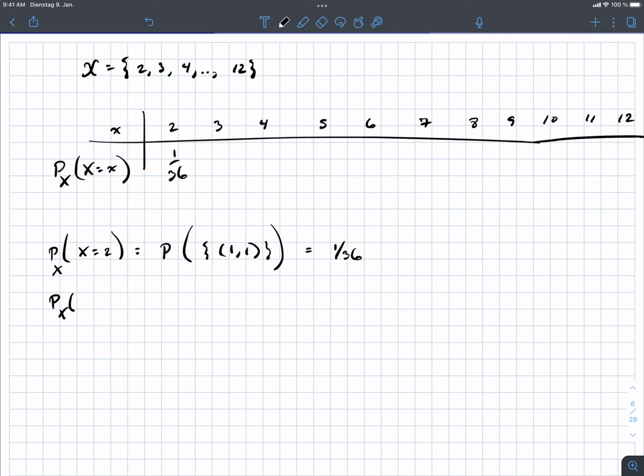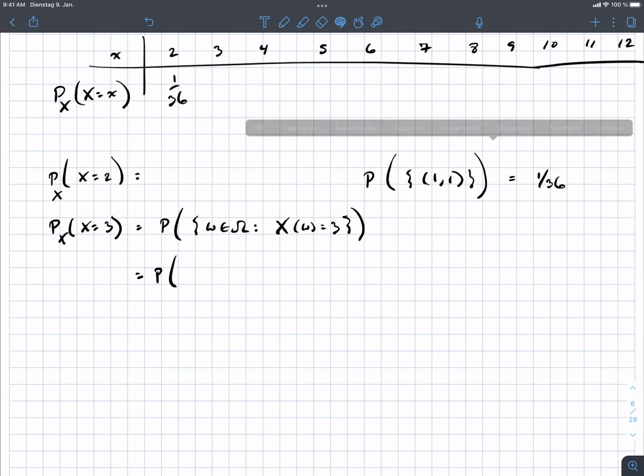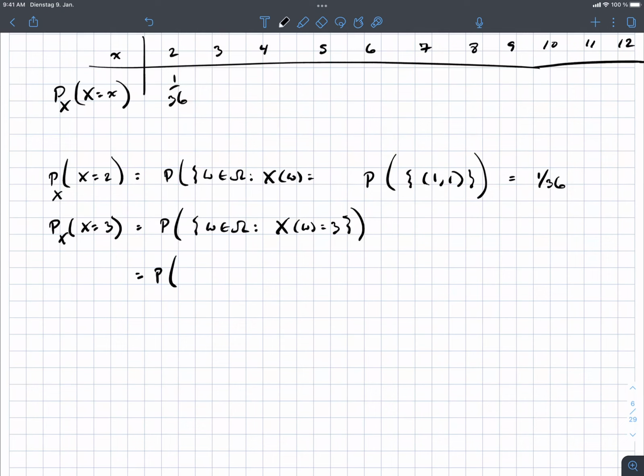Then you move on to the probability x equals 3. Let me not skip any details. This is the probability of omega in the sample space such that x of omega equals 3. And I could have written that up here too: the probability of the outcomes in the sample space such that x of the outcome is equal to 2.